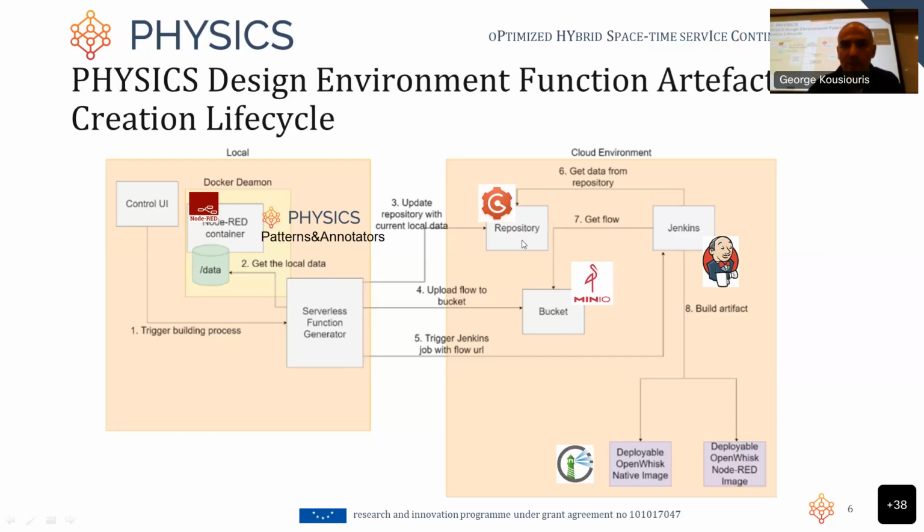The SFG also uploads the flows to relevant buckets, and it triggers pipelines based on the Jenkins CI/CD tool that undertakes the building of the actual image. Once the image is built, it's then uploaded to the project registry, which is based on Harbor.